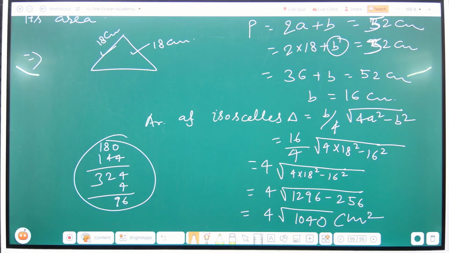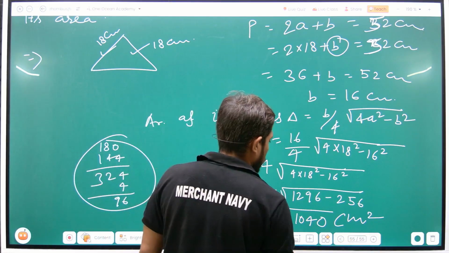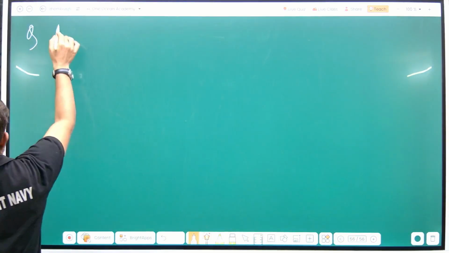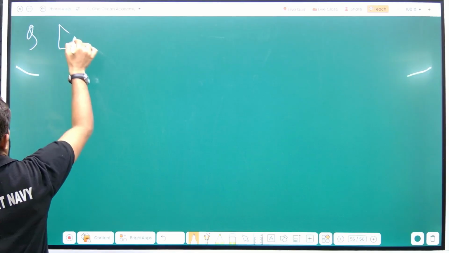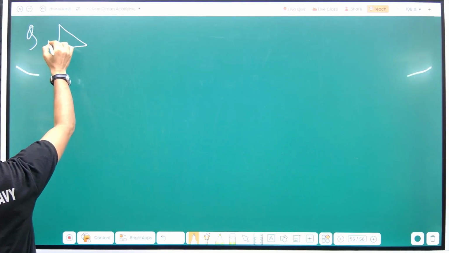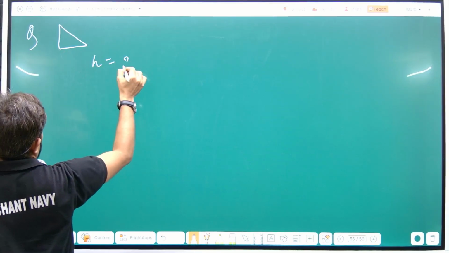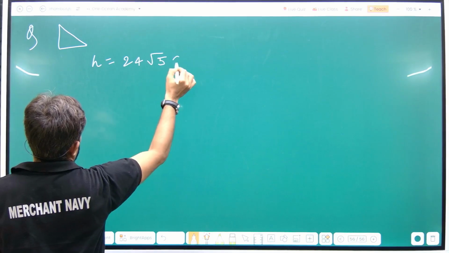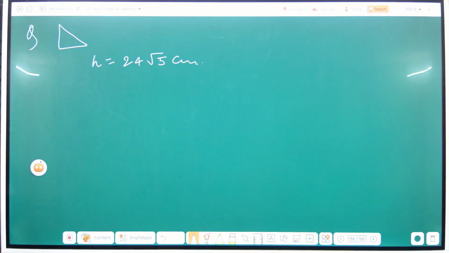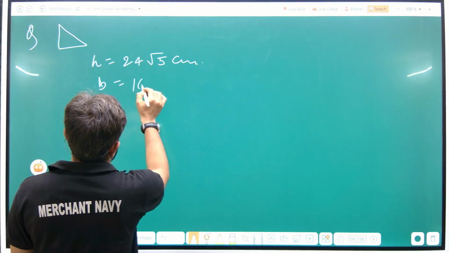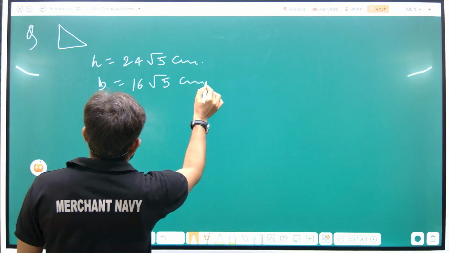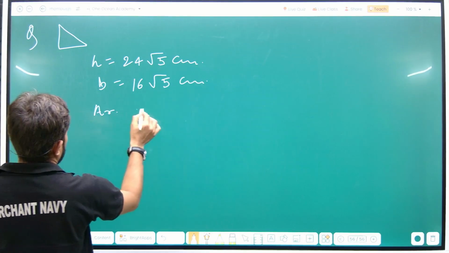The height of a right angle triangle is 24 root 5 centimeter. So here is a right angle triangle, and the height is provided, height is equal to 24 root 5 centimeter, and its base is 16 root 5 centimeter. You need to calculate the area of the triangle.